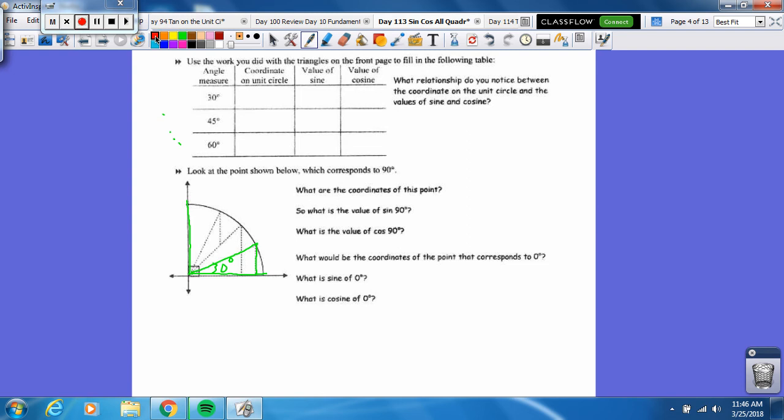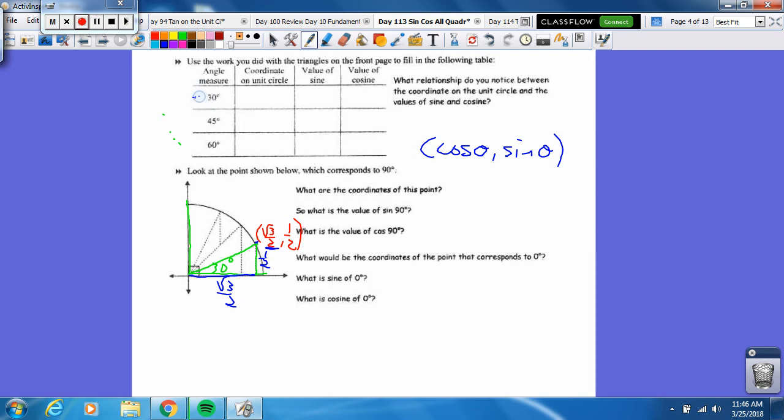And so we know that the point here is radical 3 over 2, comma, 1/2. We learned that last time by using a 30, 60, 90 triangle. So that would mean that radical 3 over 2 is the x-coordinate and 1/2 is the y-coordinate. Okay? And we also learned that cosine is the x and sine is the y.